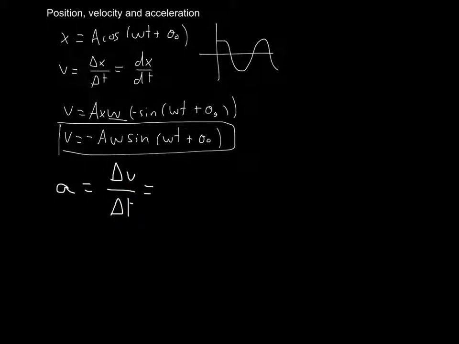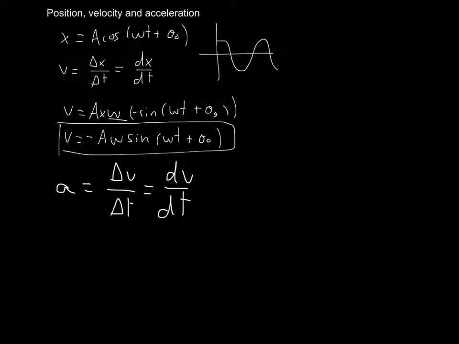If we want to know the acceleration at a given point, then we need to make this infinitely small, and we get the derivative. Exactly, very good. Okay, so the acceleration is just the derivative of the velocity. And we have the velocity, it's right here. So all we need to do is to derive this again. But hopefully now that we've done it for the cosine, this will be a little bit easier.